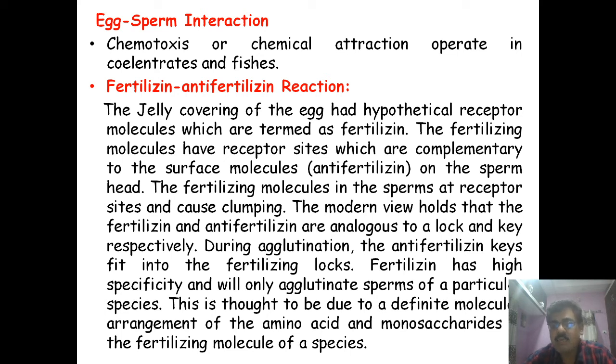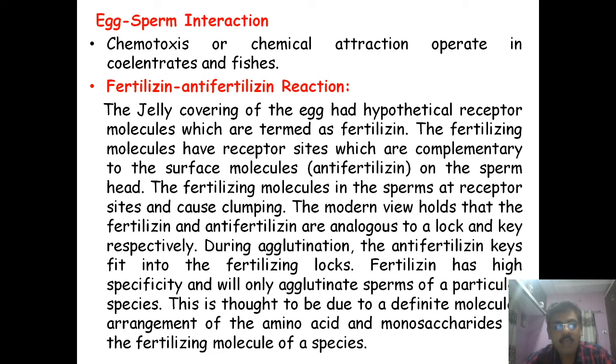The fertilizin molecules bind the sperms at receptor sites and cause clumping. The modern view holds that fertilizin and anti-fertilizin are analogous to a lock and key mechanism. During agglutination, the fertilizin keys fit into the anti-fertilizin locks, and the anti-fertilizin keys fit into the fertilizin locks present on the surface of the egg.